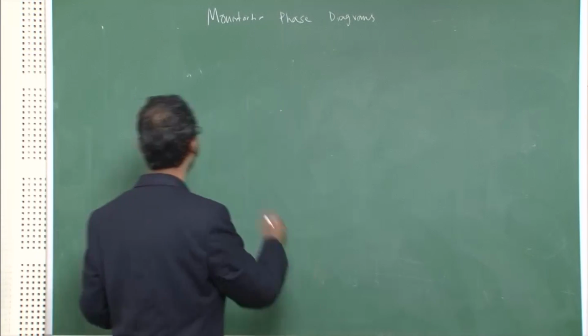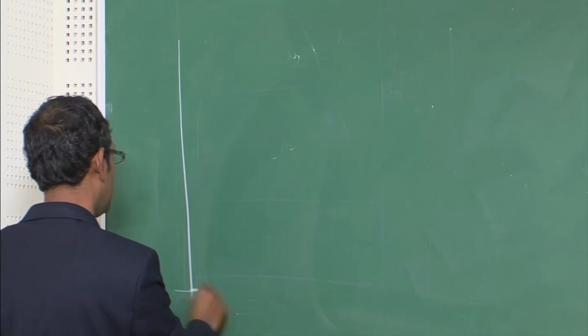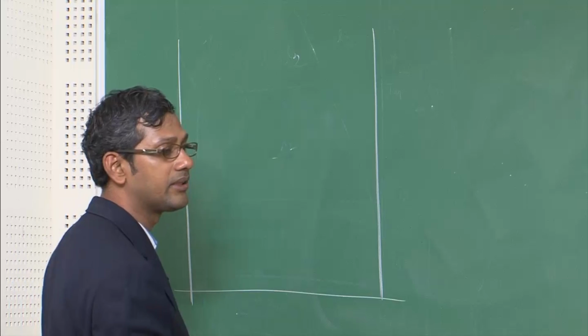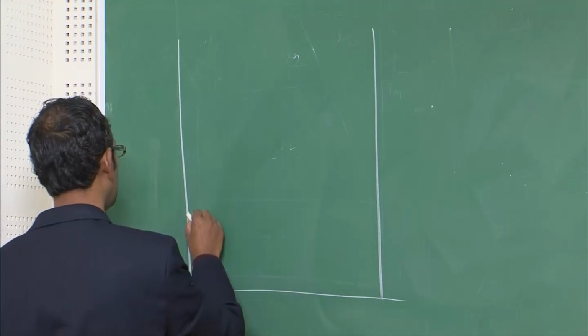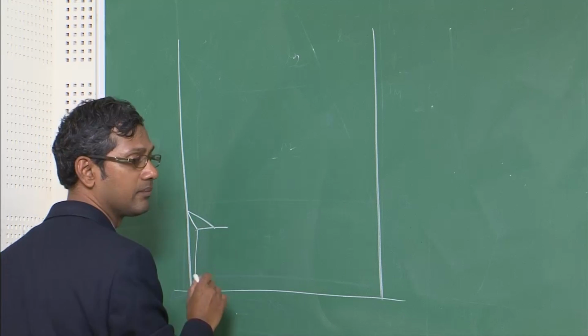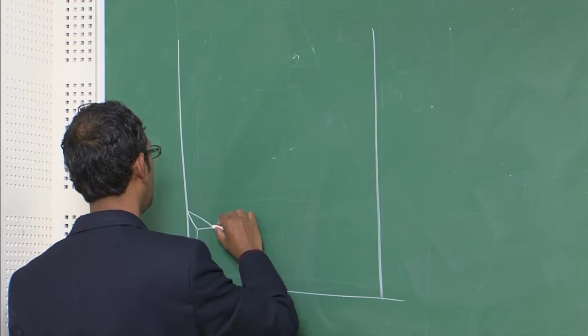So, you can see here that this is the phase diagram with eutectic systems. So, you have a eutectic mixture.